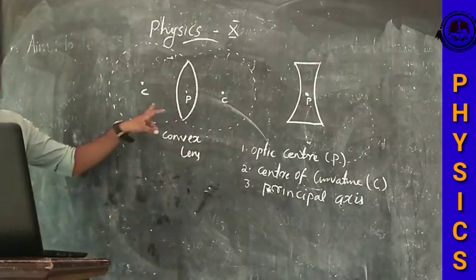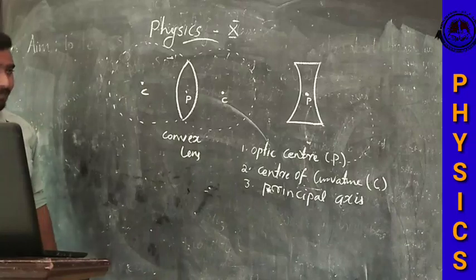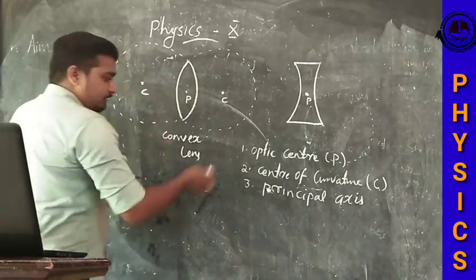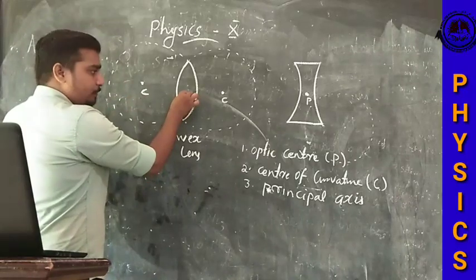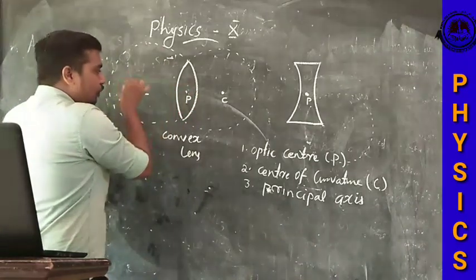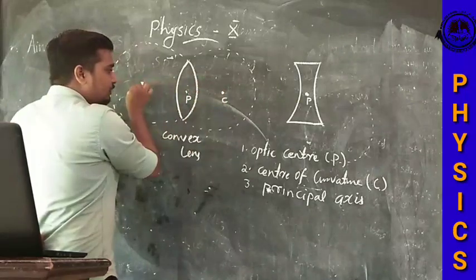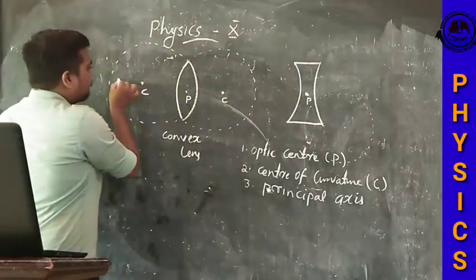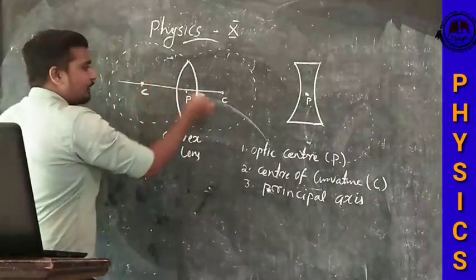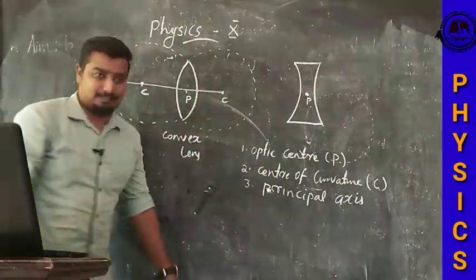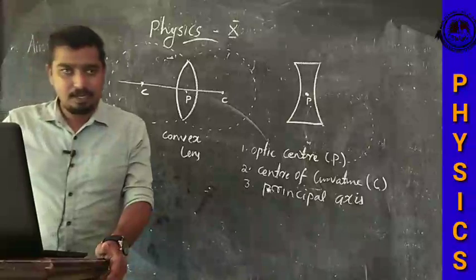Here the principal axis is a straight line passing through the optic center, joining these two centers of curvature. This straight line is called what? Principal axis.